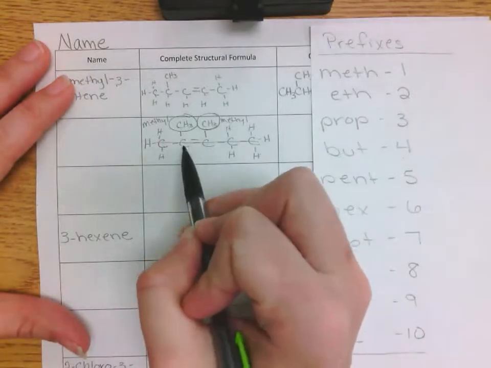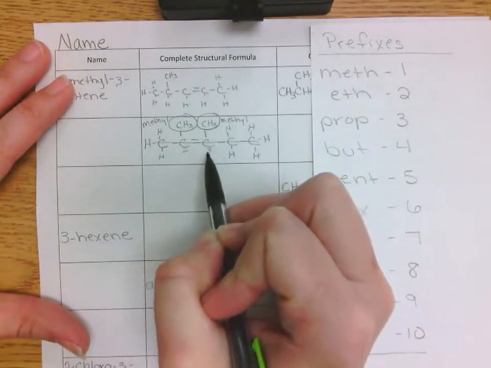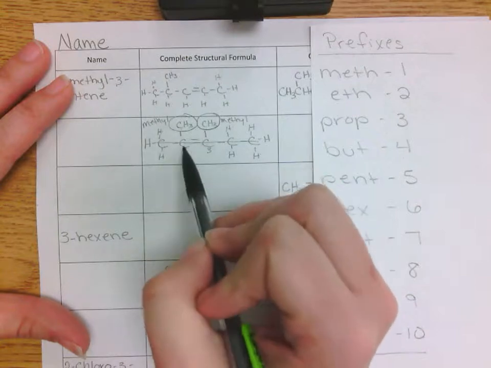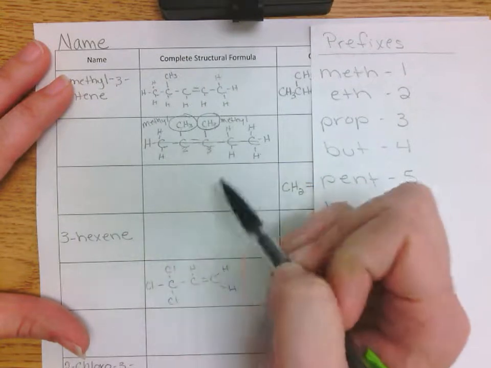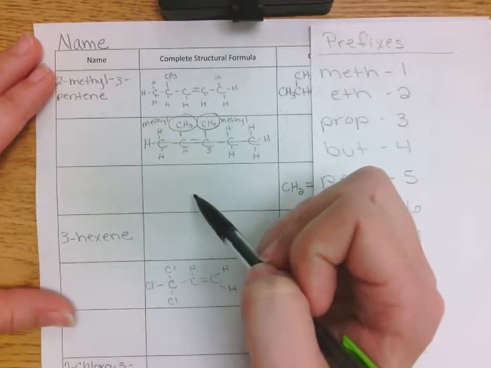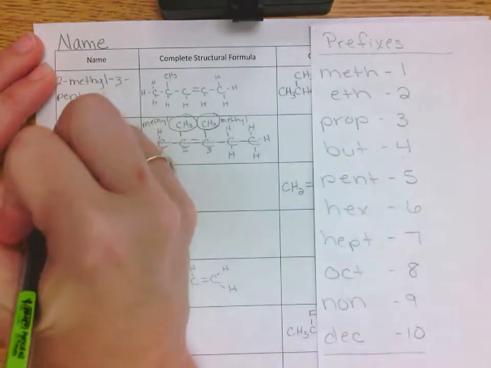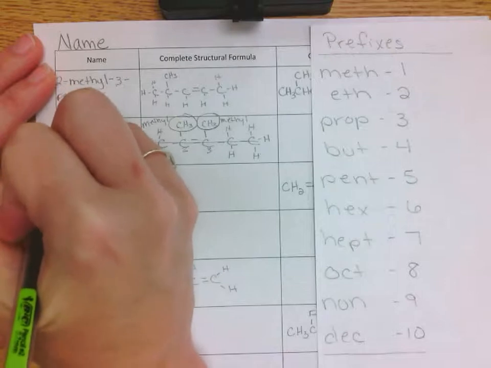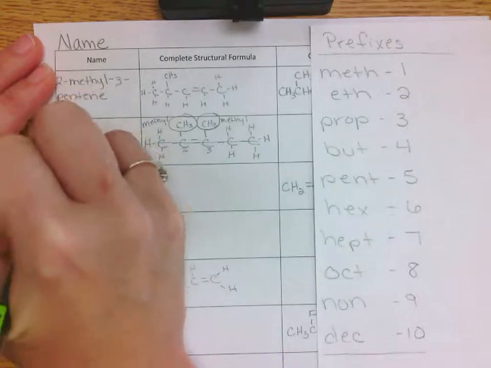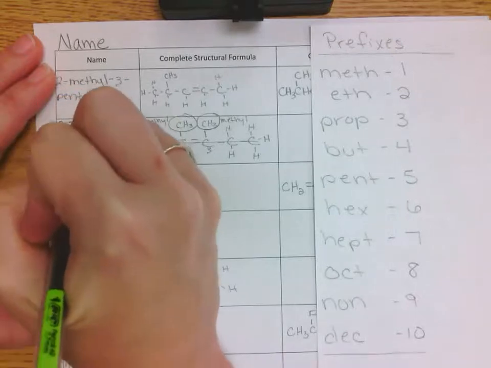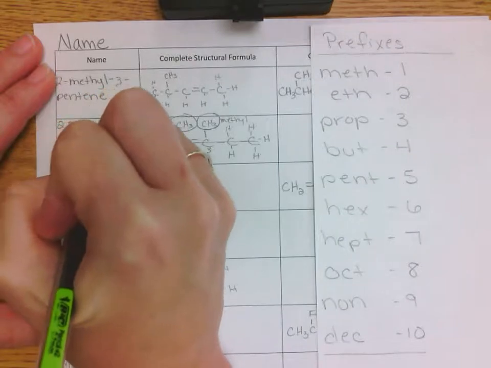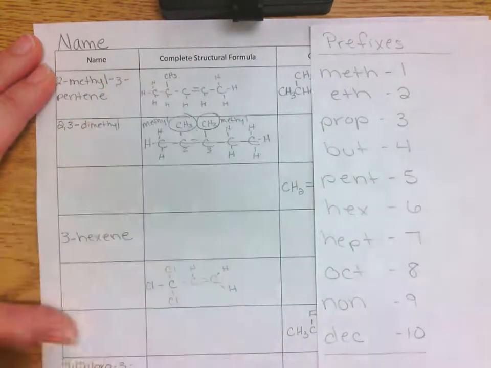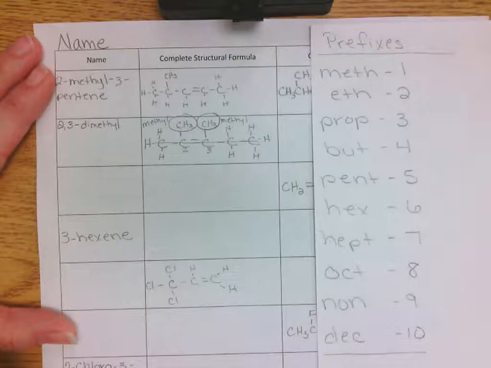So carbon 1, carbon 2, carbon 3. So I have a methyl on carbon 2, and I have a methyl on carbon 3. So that's where I'm going to start for my name. We put commas in between numbers, dashes in between numbers and letters. So 2, comma, 3, dash, dimethyl. So that takes care of all my branches.